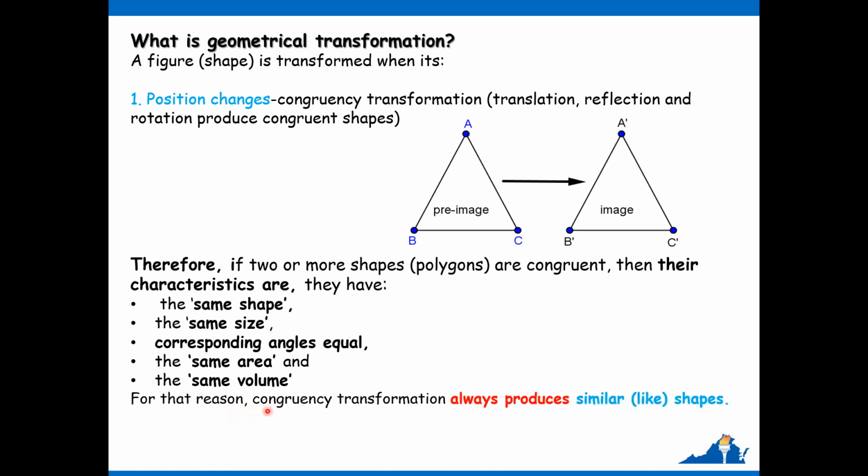For that reason, congruence transformation always produces similar or like shapes. Now check how the word similar is coming in. Congruence transformation always produces similar shapes, right? So pre-image and image are similar.